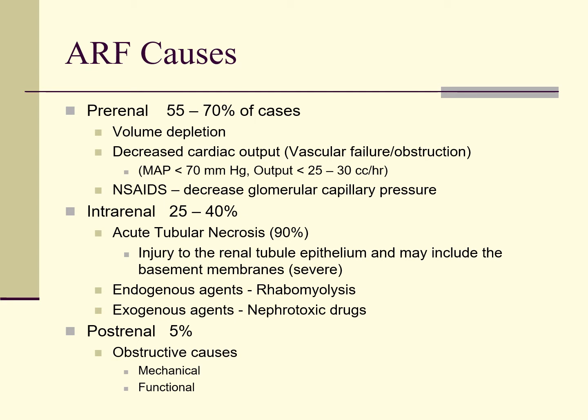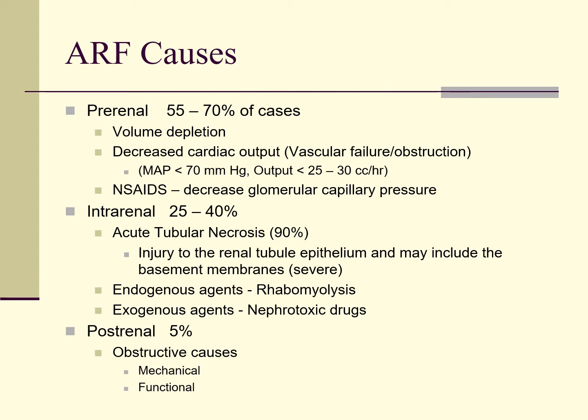One potential cause too of pre-renal would be overuse of NSAIDs, because this would decrease the capillary pressure moving into the Bowman's capsule. Our intrarenal causes then, you see those, the big one is acute tubular necrosis, where there's some type of injury to the epithelium and the tubules.